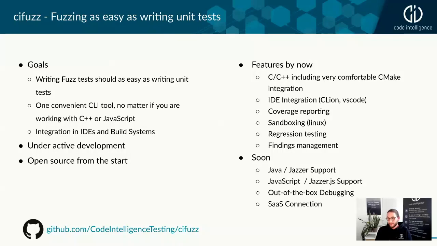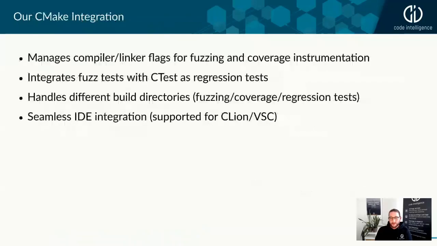And then stuff like out-of-the-box debugging or the connection to our SaaS solution, if you want to continuously fuzz your applications inside your CI/CD pipelines, is also coming soon in CI Fuzz. Today we will focus a little bit on the CMake integration, but just good to know is that we also have ways to fuzz C++ projects without CMake.